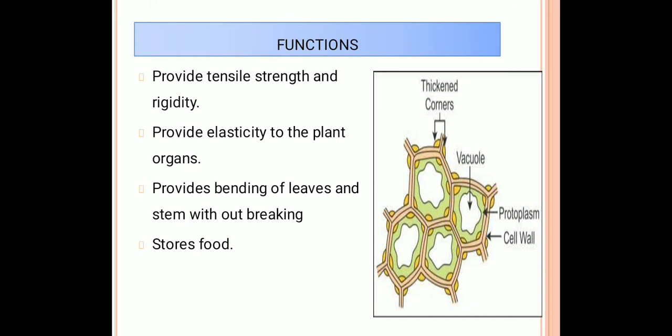The flexibility in plants is due to the collenchyma tissues. Normally the leaves and stem can bend without breaking, which is due to the collenchyma cells. It also stores food material. These are the functions of the collenchyma.